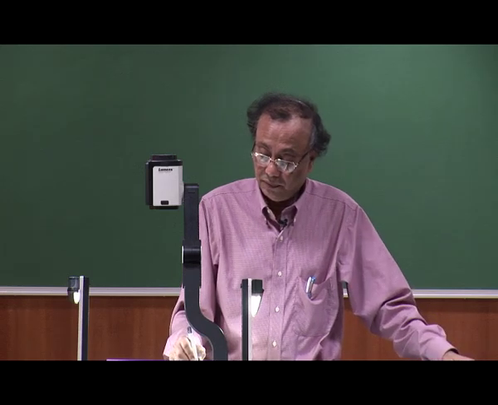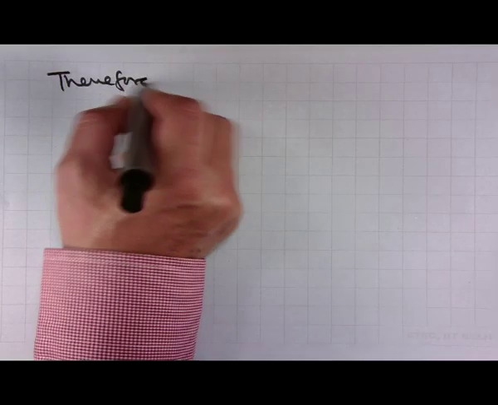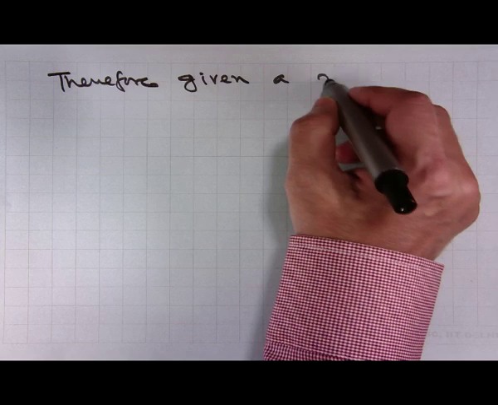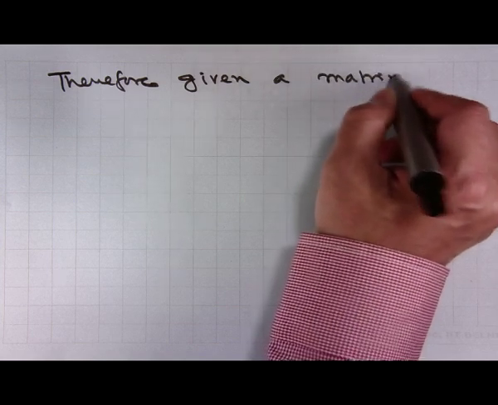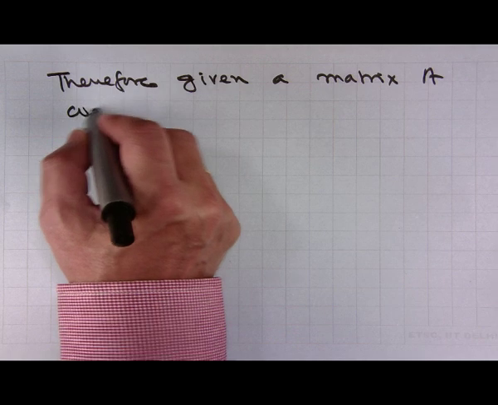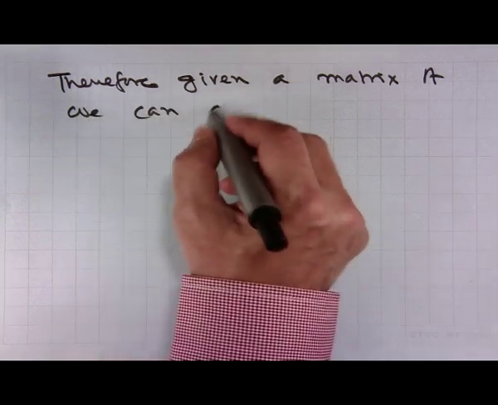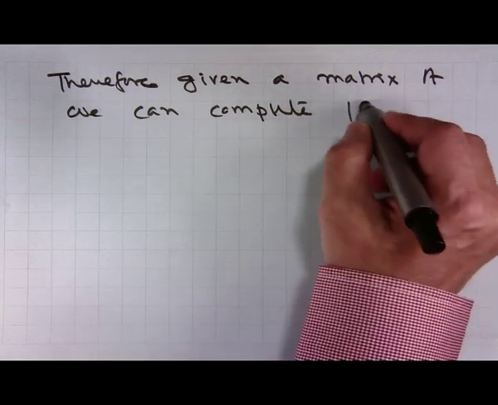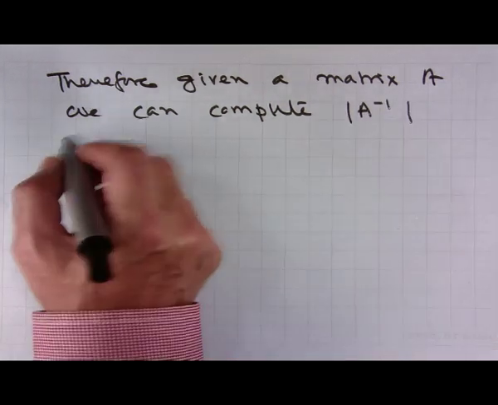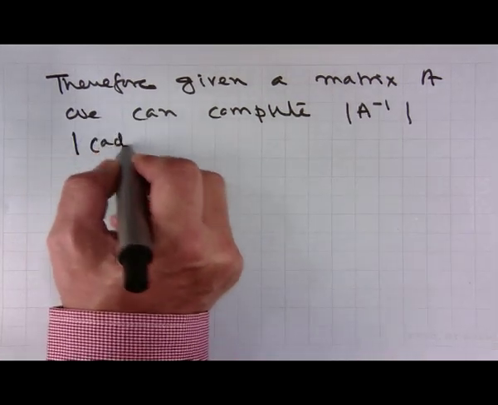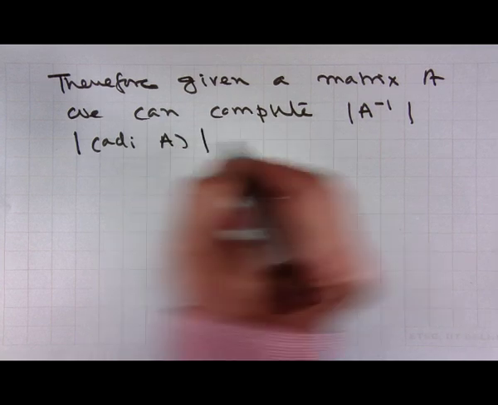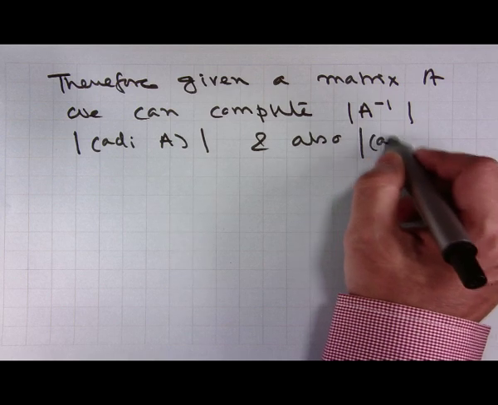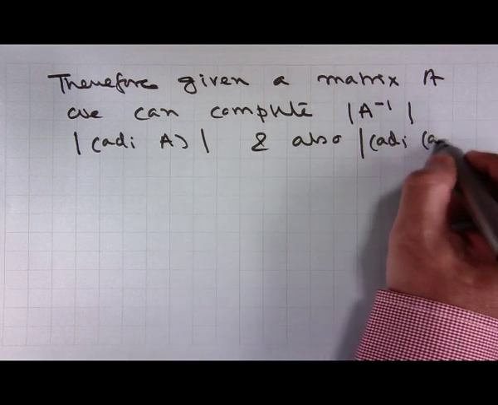Therefore, given a matrix A, we can compute determinant of A inverse, determinant of adjoint of A, and also determinant of adjoint of adjoint of A.